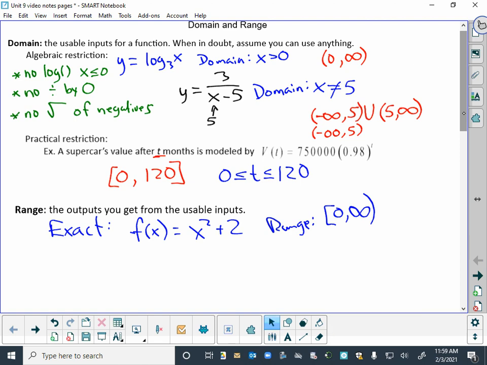Okay? And or get what we would call a reasonable range, kind of like we had a reasonable domain here for our supercar. Okay? There may be some progression, for example, in the way that the fastball of a young pitcher progresses. Okay?